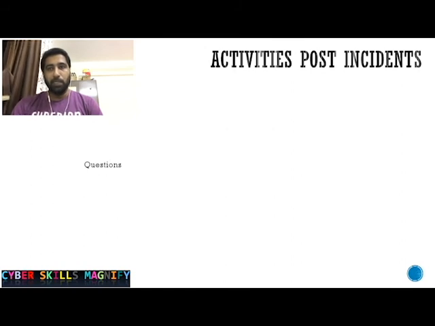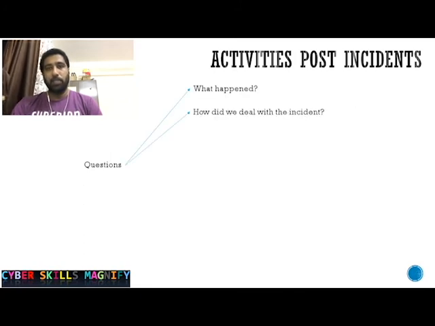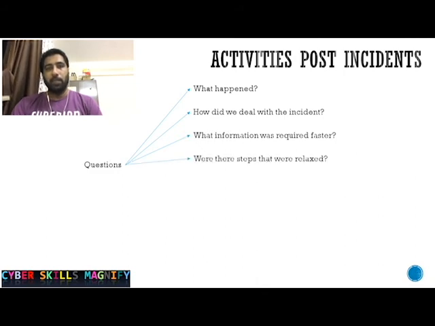So the questions to be answered in the meeting include: exactly what had happened and at what time? How well did the staff and the management perform in dealing with the incident? Were the documented procedures followed and were they adequate? What information was needed sooner? Were any steps or actions taken that might have inhibited the recovery?